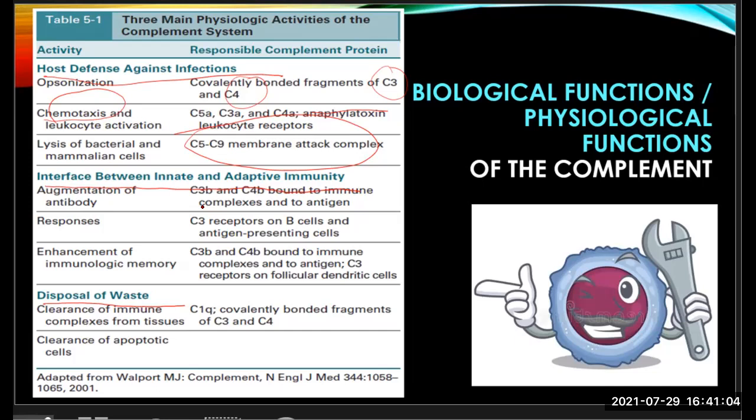We also have enhancement of immunologic memory, and lastly, the disposal of waste, the clearance of immune complexes by C1q and C3 and C4, and also of cells that are senescent and about to die. It's also the role of the complement.